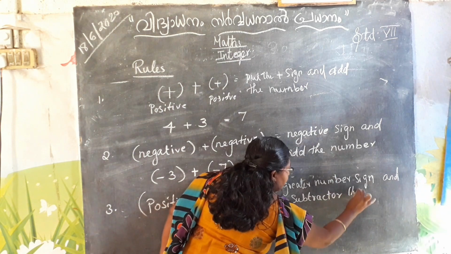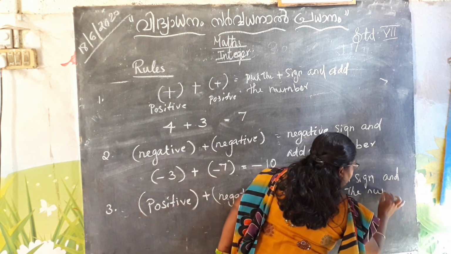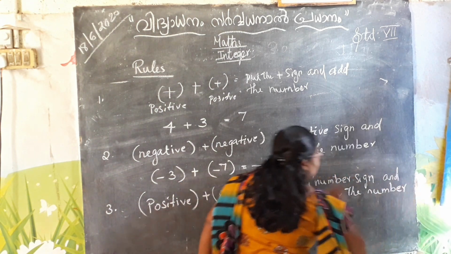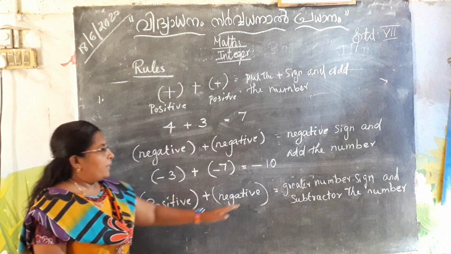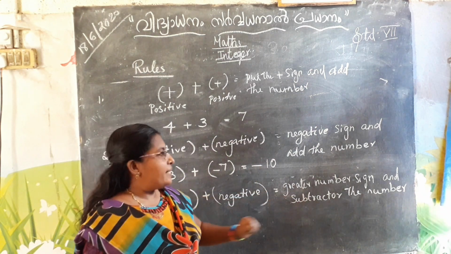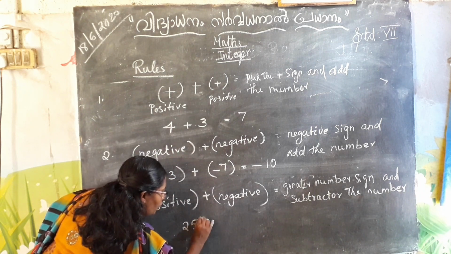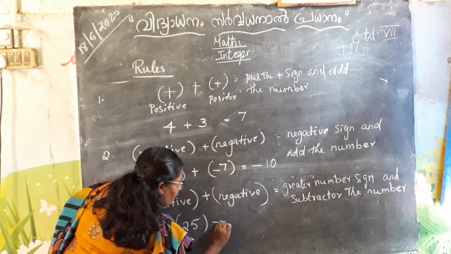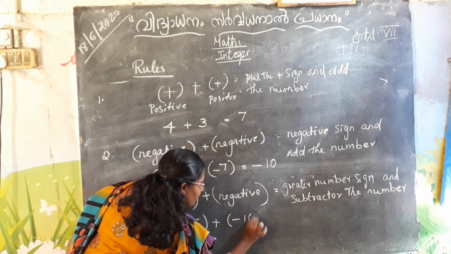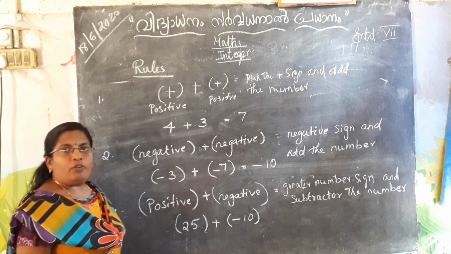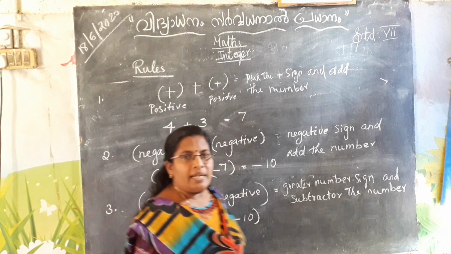Greater number sign and subtract the numbers. For example, 25 plus minus 10.